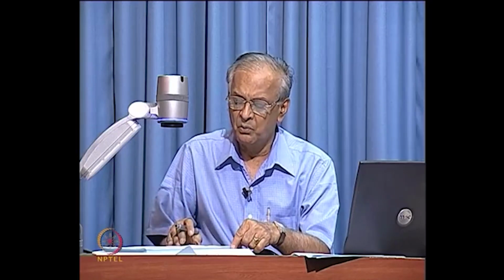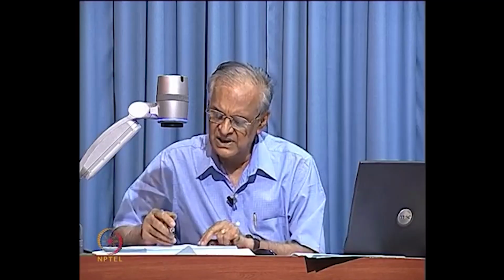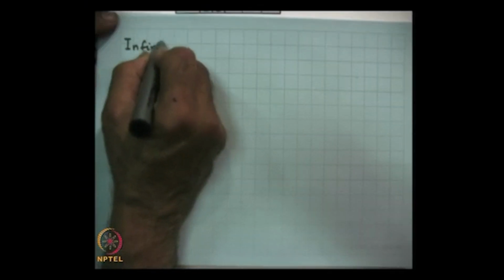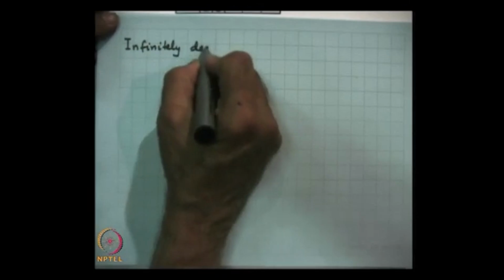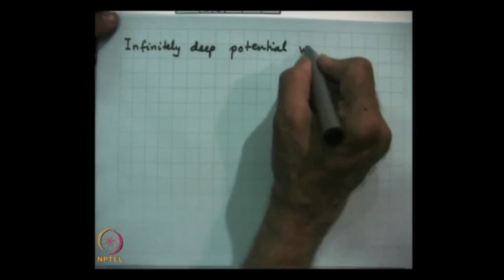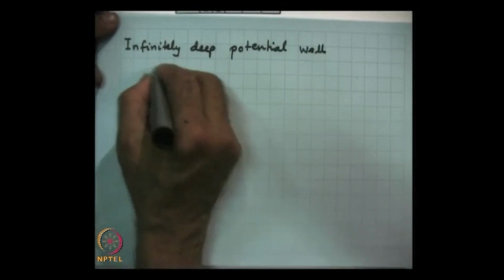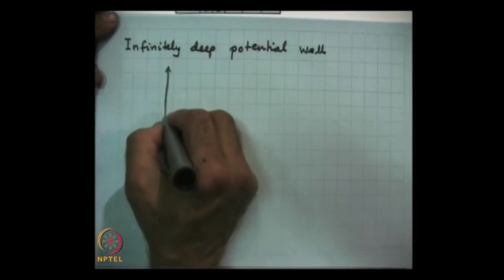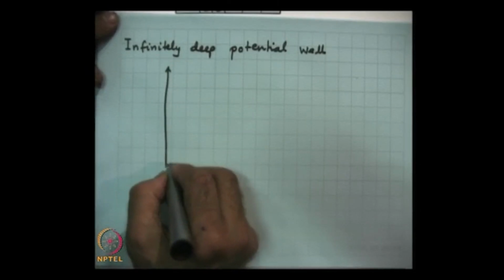Now, what I would like to do next is solve the Schrodinger equation when the particle is confined in a one dimensional box, and we say that it is in an infinitely deep potential well. So, I describe this as if the particle is inside a very deep potential well.